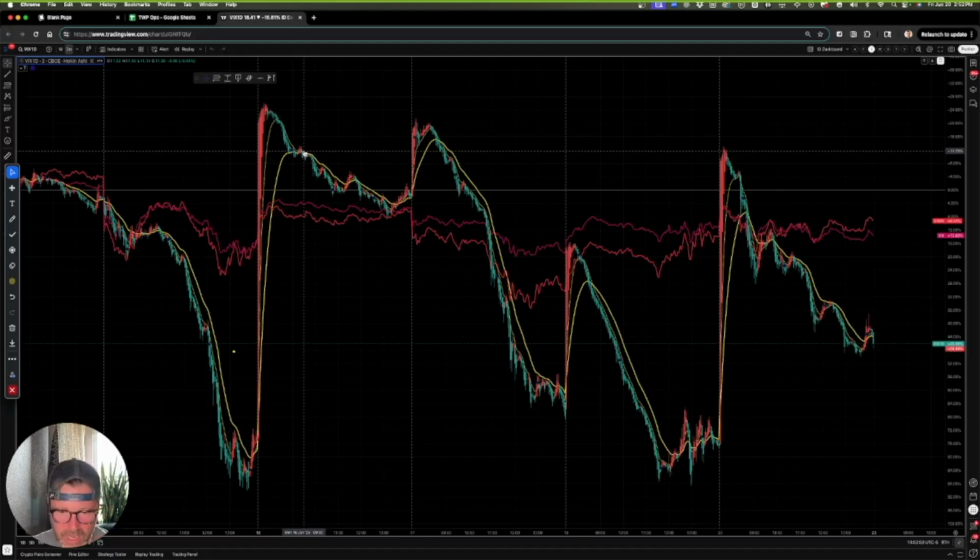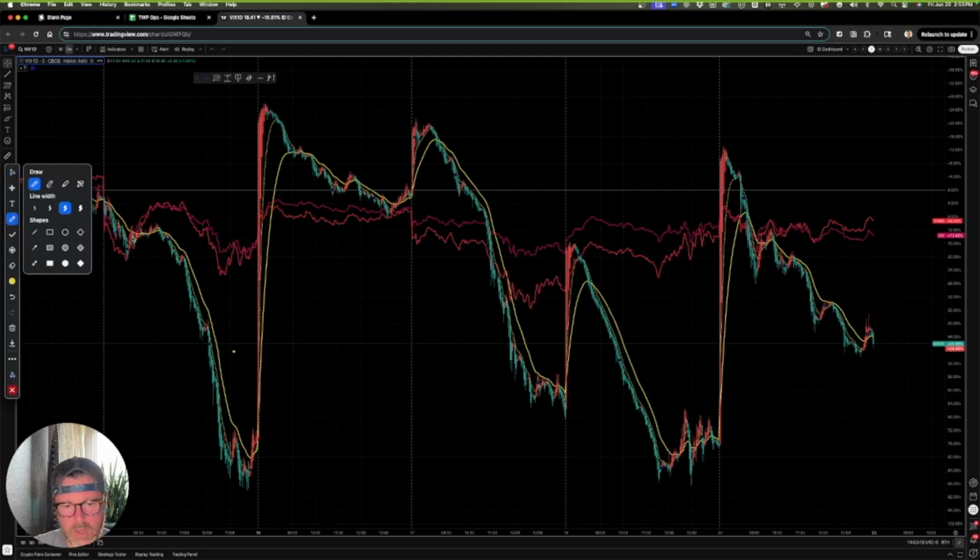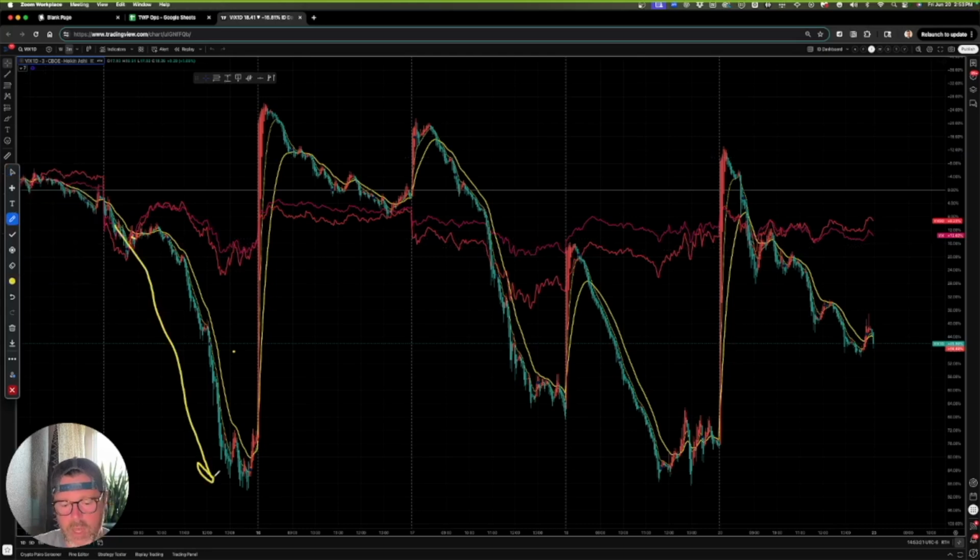let's look at Monday, or what happened. On Friday, we saw a pretty significant move lower. Again, this is an inverse. I have this inverted because it just makes my brain work better.